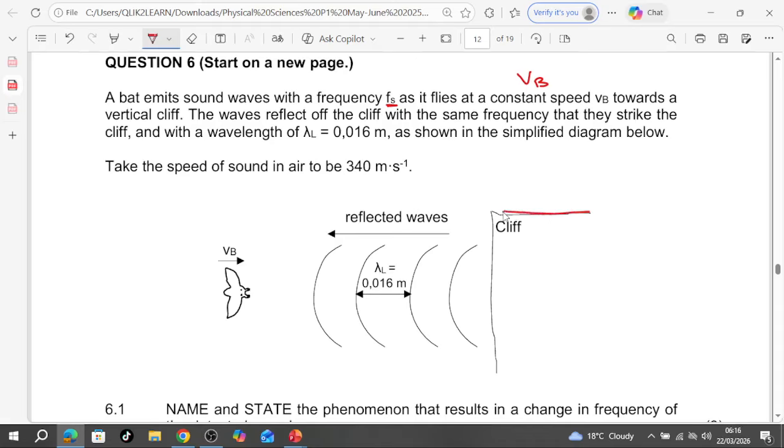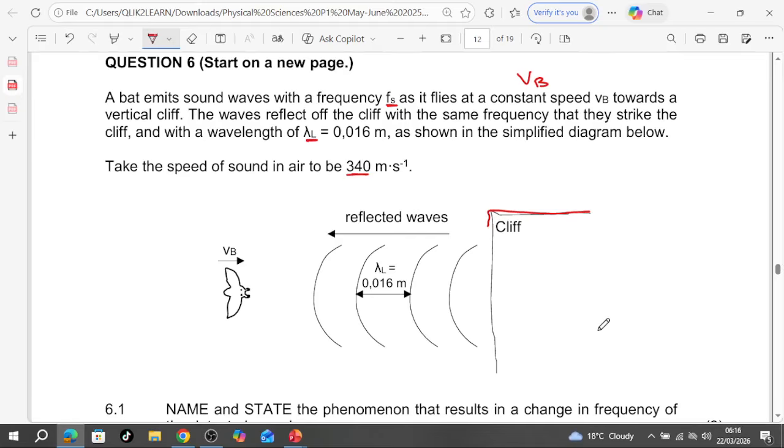So this is my vertical cliff. It is traveling towards that cliff. The wave reflected off the cliff with the same frequency that they strike the cliff, and with a wavelength as given there, as shown in the simplified diagram below. Take the speed of sound in air to be 340 meters per second.